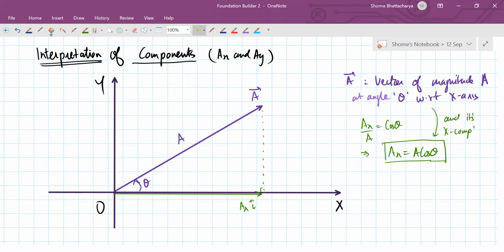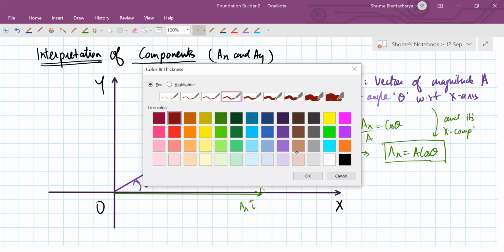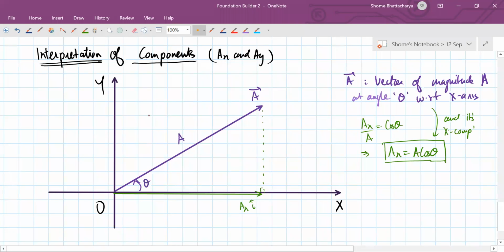Similarly, if I drop a perpendicular from this onto the y axis, like this, then this quantity here, the component along the y-axis, will be this perpendicular. Okay.